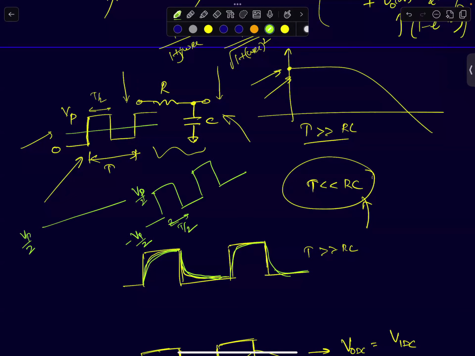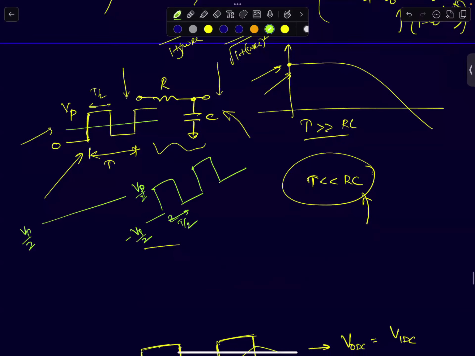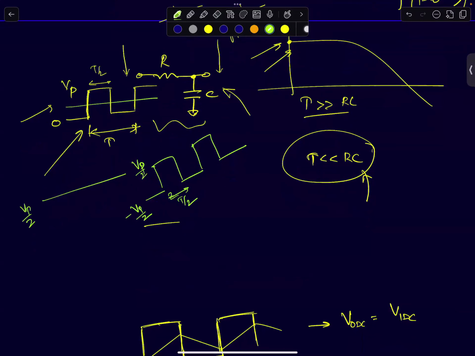If I feed a pulse signal with zero average value that goes from minus Vp by 2 to plus Vp by 2 to an integrator, what should I expect? What kind of an output should I expect? It will be a ramp.